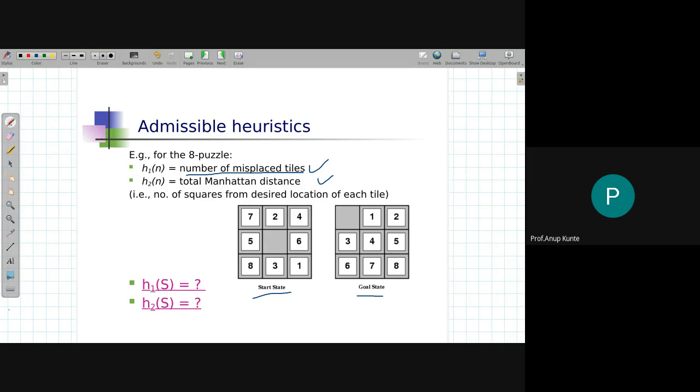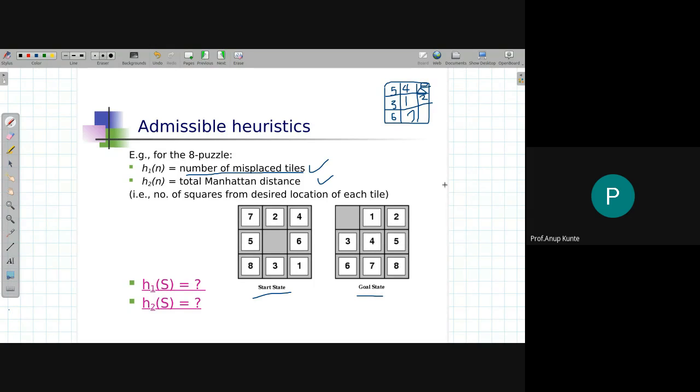What do you mean by number of misplaced tiles? Given a state representation, a configuration of the 3 cross 3 state that we have for the 8 puzzle, say suppose I have some state which I am drawing here, that has a space here, a 1 here, 2 here, maybe 7 here, 6 here, 3 here, 5 here, and a 4 here, 8 here.